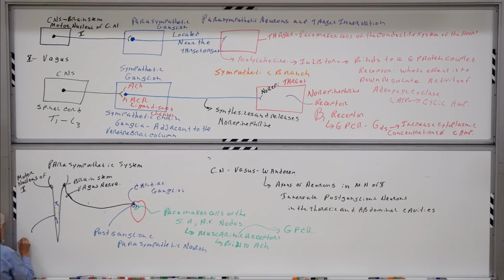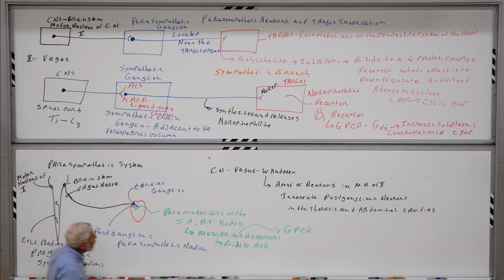These are the cell bodies of the preganglionic sympathetic neurons. So again, the next box down. Neuronal cell bodies in the central nervous system.